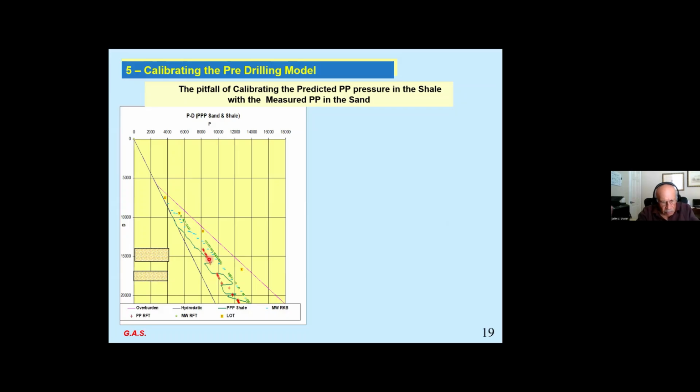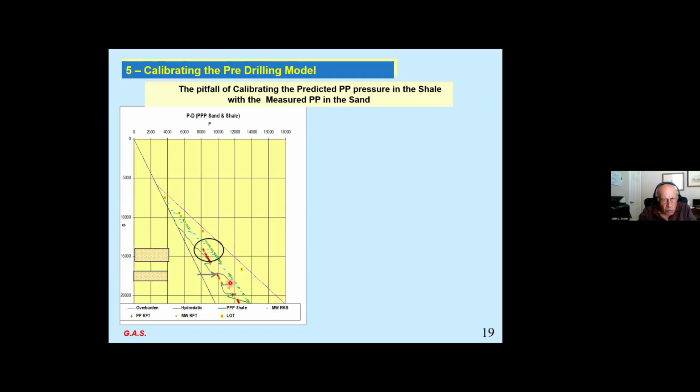And a lot of interpreters think that that line is supposed to line up with this measurement because we calibrate the predicted pore pressure. Look, you end up with two things. Here it's okay, but down here is wrong.